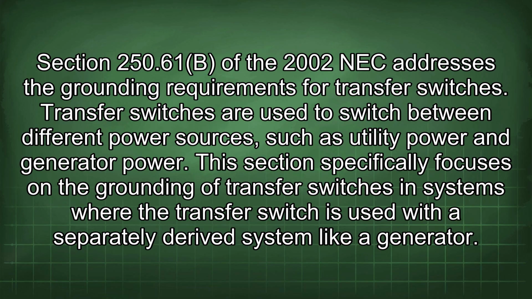Section 250.61b of the 2002 NEC addresses the grounding requirements for transfer switches. Transfer switches are used to switch between different power sources, such as utility power and generator power. This section specifically focuses on the grounding of transfer switches in systems where the transfer switch is used with a separately derived system like a generator.